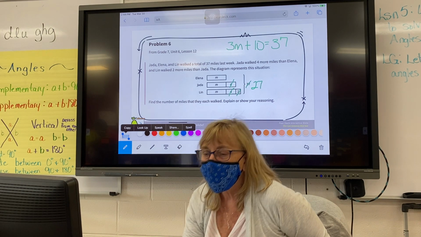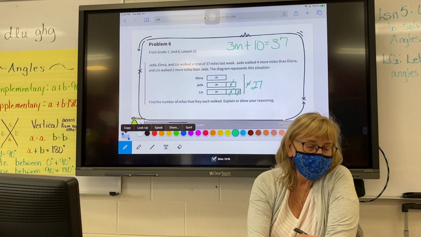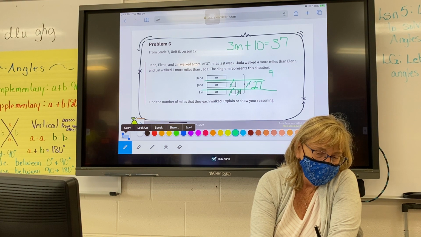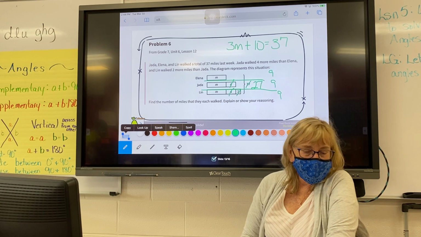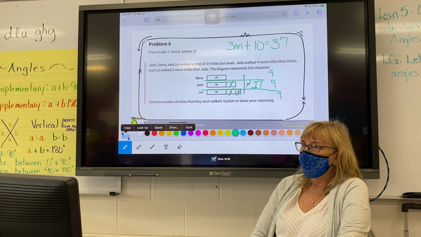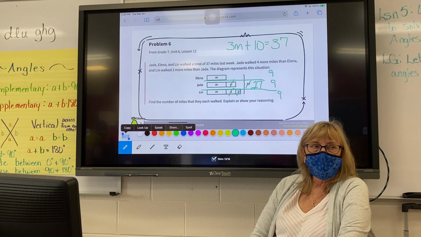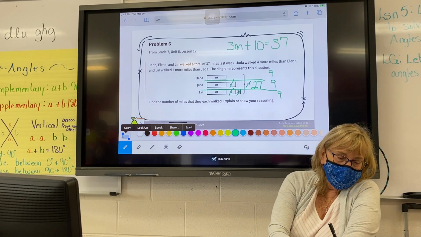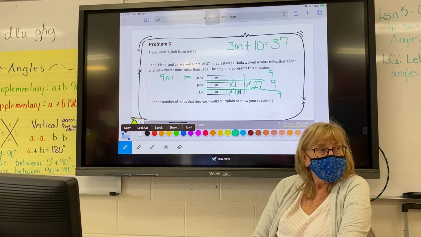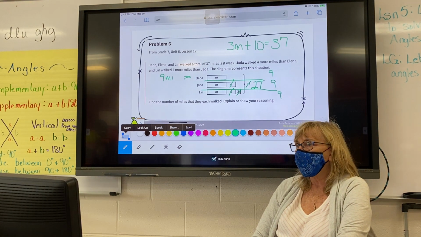Good. All right, so it looks like everybody's getting 9. Because when you split this up, you get 9, 9, and 9. All right, so how far did Elena walk? 9 miles, because she is M. Is that all we wanted to know?